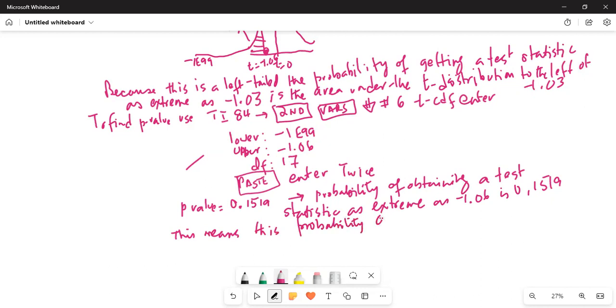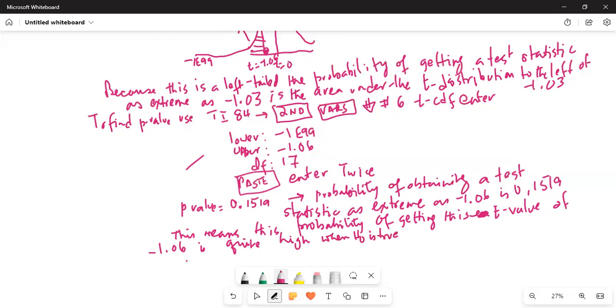Probability of getting this extreme t-value of -1.06 is quite high. Quite high when H0 is true.